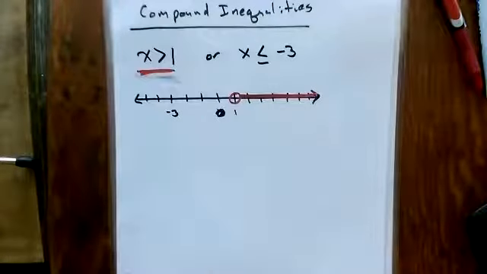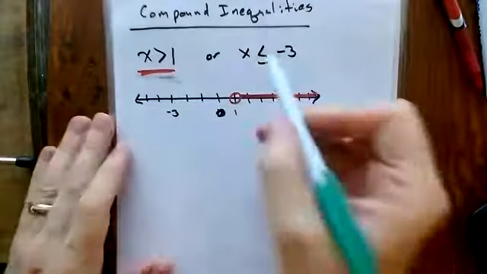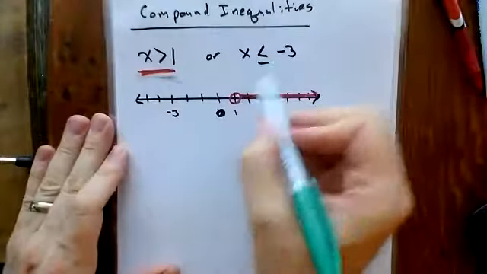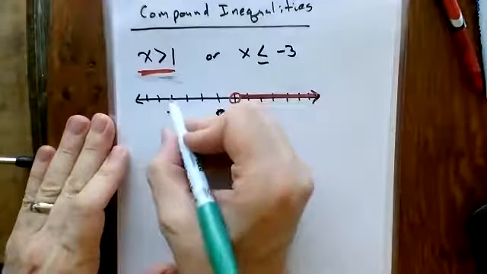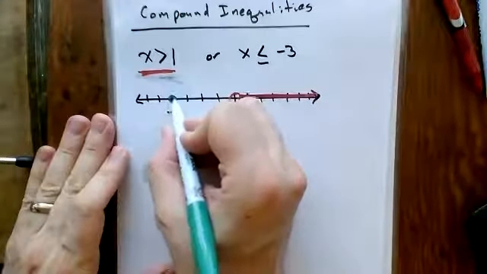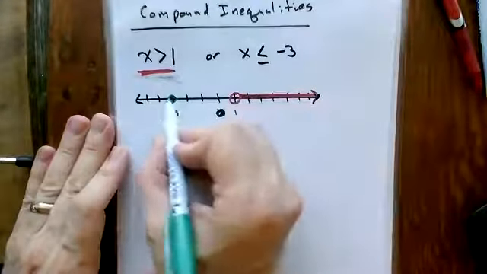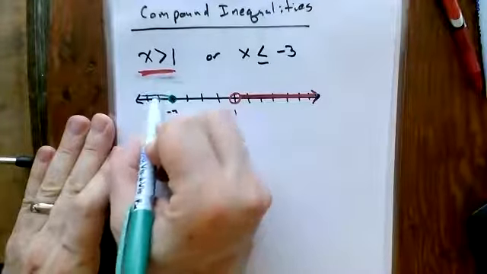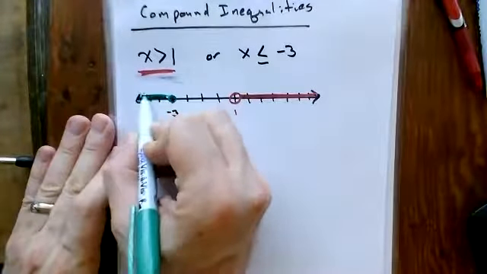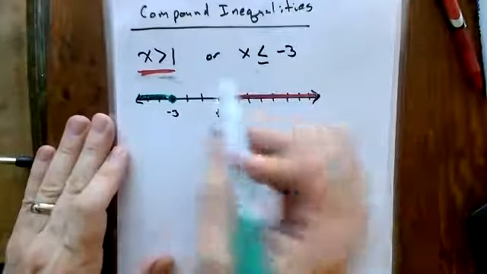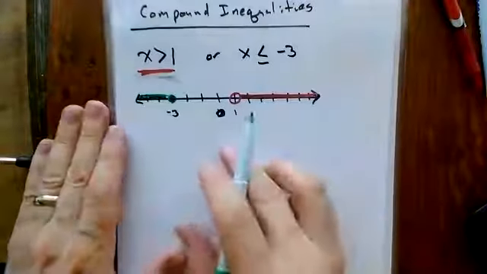And if that's the case, x would have to be, it could equal this -3, or it could be anything smaller than that. So when I'm graphing this, it's literally both. So it's a little bit deceptive.